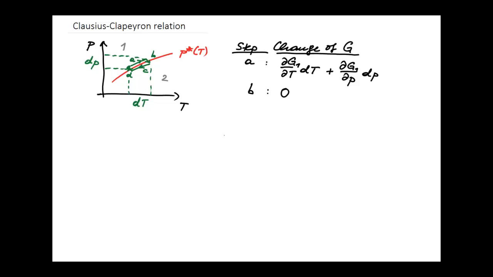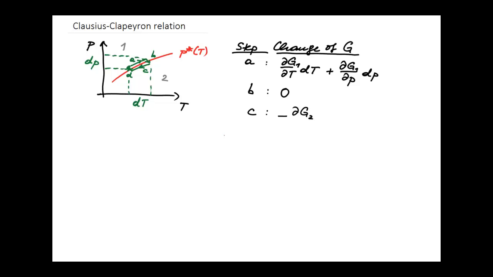Then the third step, step C, once again we change temperature and pressure, and then there is an associated change in free enthalpy. We're going in the opposite direction, therefore we get a minus sign, and we are now in phase 2, so we have to take the partial derivatives of the free enthalpy in phase 2.